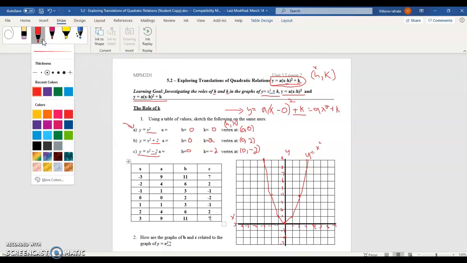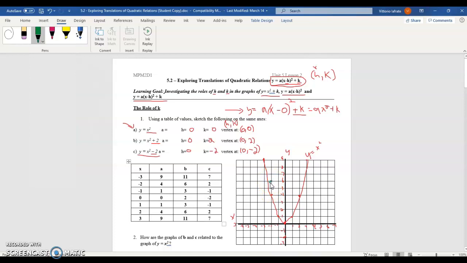We'll use a different color for the other graph, the x squared plus 2. So when we're at -3, it's 11. That's off our chart, so we won't worry about that. When we're at -2, we have 6. Oops. When we're at -1, we have 1. So that works. Oh, sorry, we have 3. So this is 1, 2, and 3. When we are at 0, we have 2. When we're at 1, we have 3.